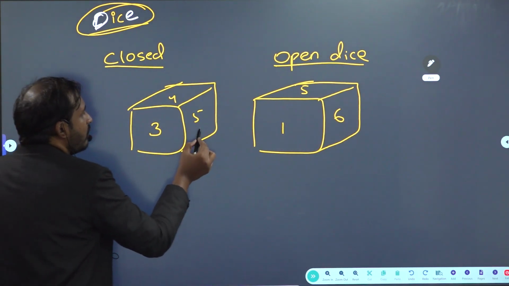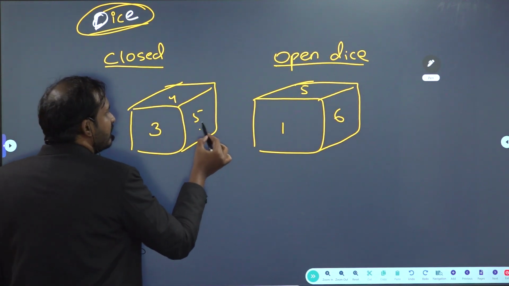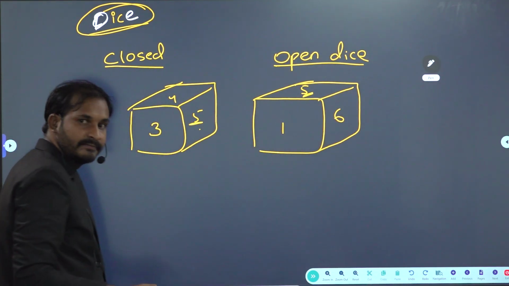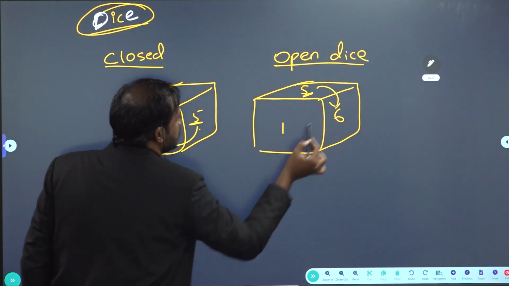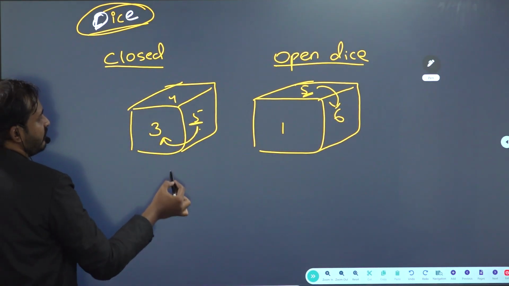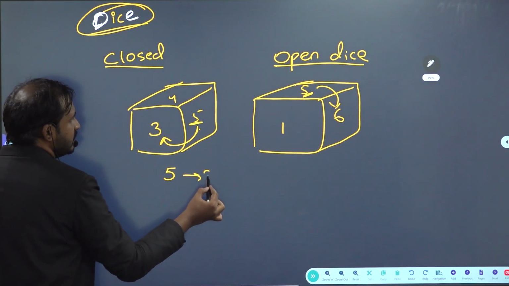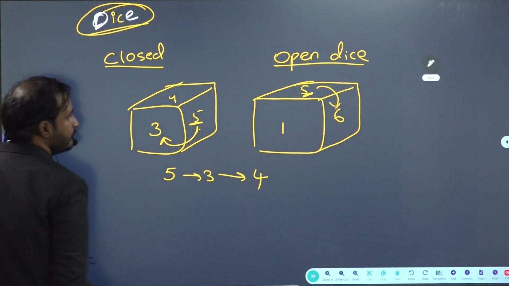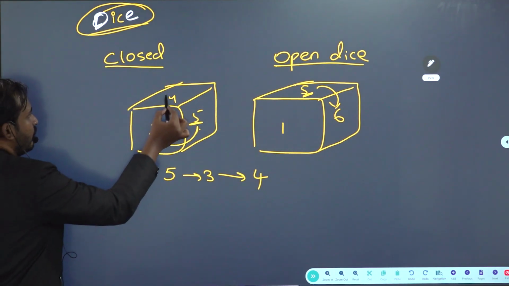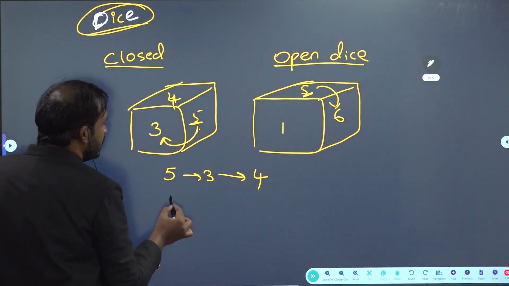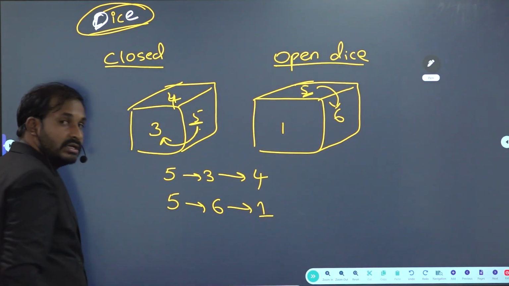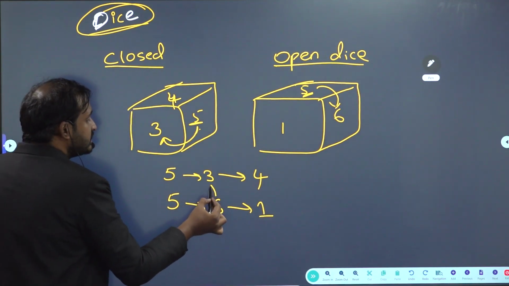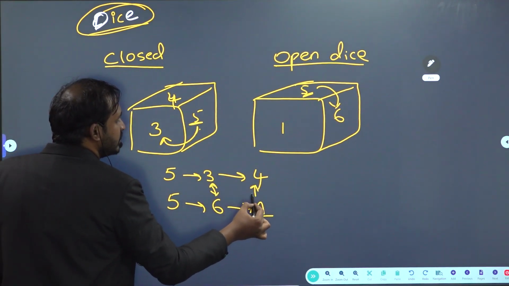What is the common number in these 2? 5 is common here and 5 is common here. So move in clockwise direction from the common term. When you move clockwise from 5, what will be the next one? 3, then 4. Similarly, when I move here clockwise, next it will be 6, then 1. Now you can say that 3 is opposite to 6 and 1 is opposite to 4.